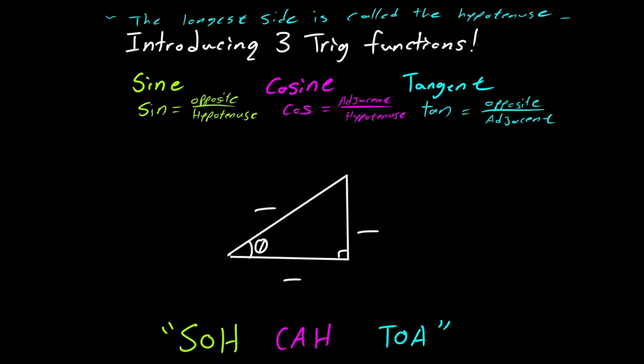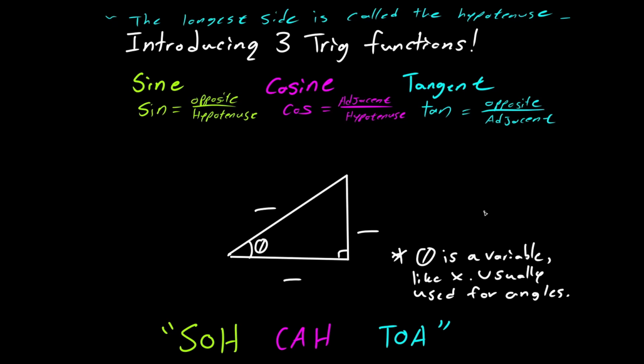Well, let me just explain that real quick. So, let's say we have an angle theta. Theta is just a variable like x. It's nothing fancy, but usually we use it to describe angles. So let's say we have an angle here. Don't know what the angle is, but we're going to use it to talk about this location.